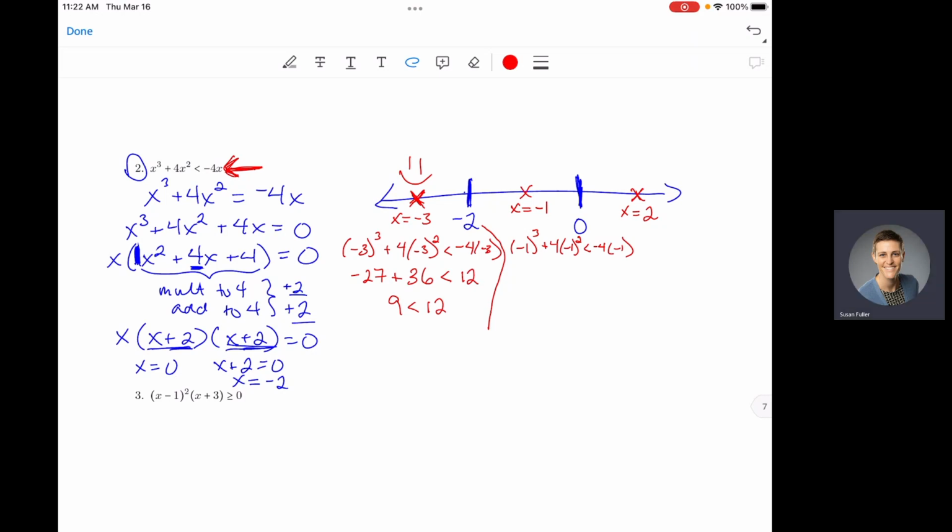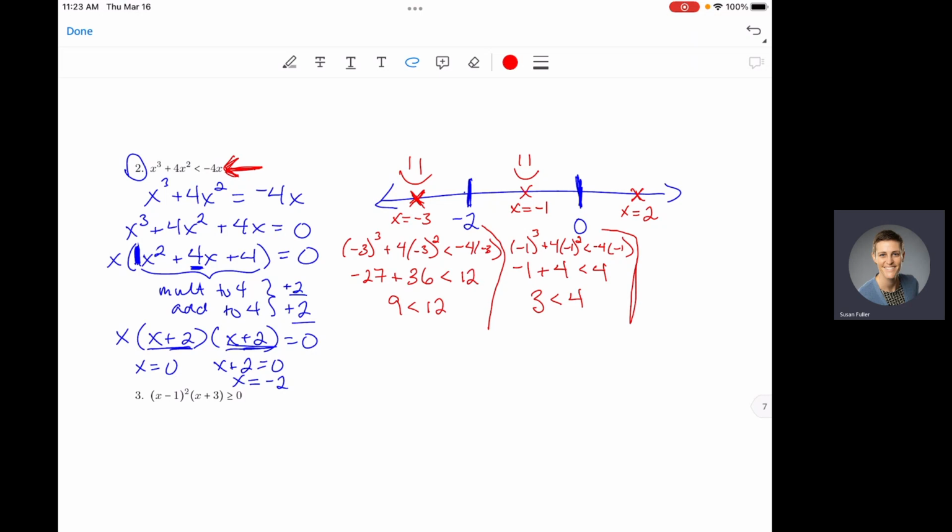So let's see here. -1 to the third power, that's -1. -1 squared, that's a +1, times +4, that gives me a +4. And that should be less than -4 times -1 is a +4. So when I simplify here on the left, -1 plus 4, that's 3. This says 3 is less than 4. That's true. So this part works as well.